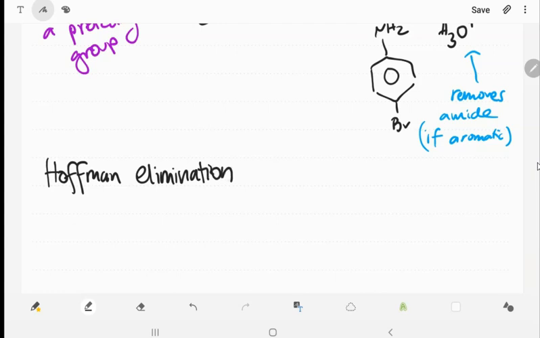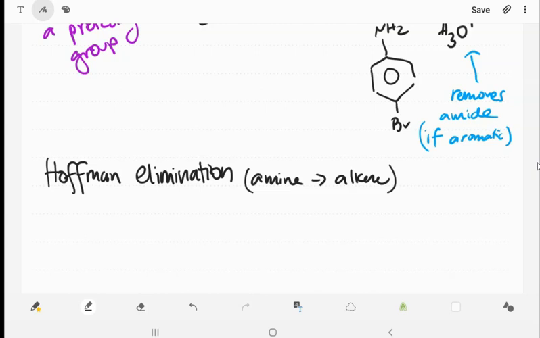Hofmann elimination allows us to turn our amine into an alkene by using the exhaustive methylation idea.